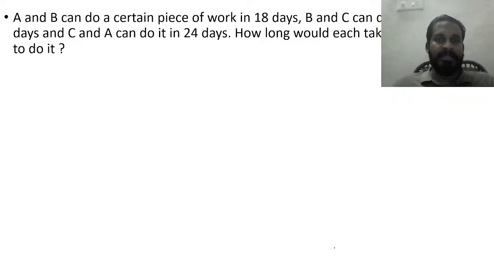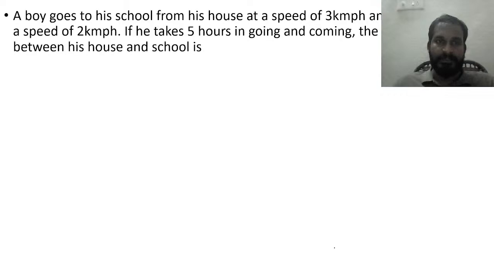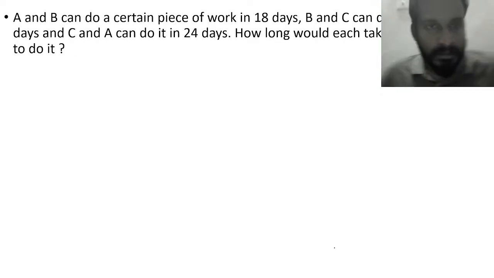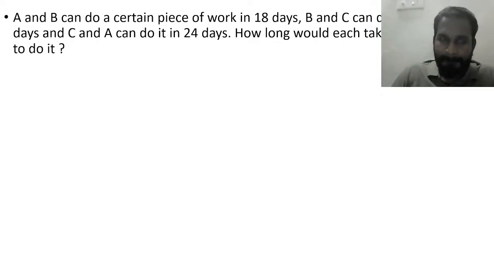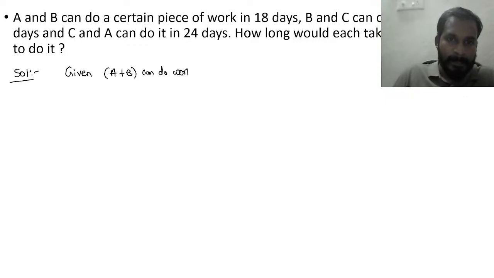Next, A and B can do a piece of work in 18 days. B and C can do it in 12 days. C and A can do it in 24 days. How long would each take separately to do it? Given: A and B can do the work in 18 days.